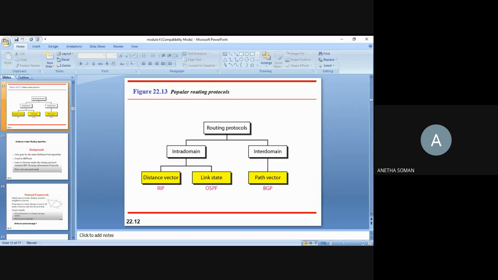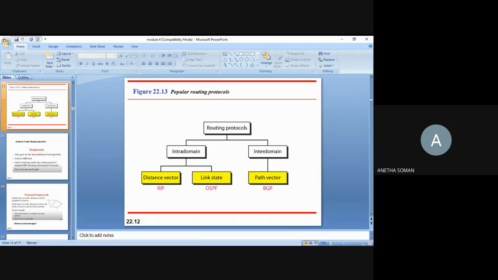So routing inside the autonomous system is called intra-domain routing, and you can have 2 different types of protocols based on that. One is distance vector and the other one is link state. Very, very important: distance vector and link state. Now routing between the autonomous systems is referred to as inter-domain routing.